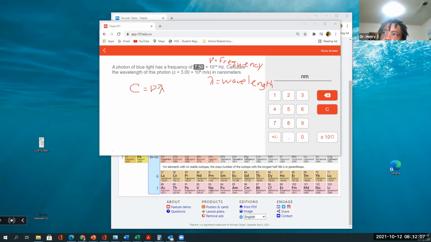So the speed of light, which is a constant, which is always going to be 3.00 times 10 to the 8th meters per second, is going to equal lambda times nu.